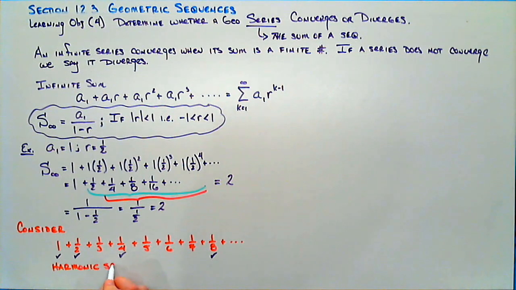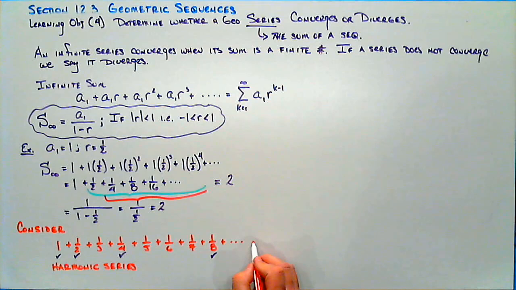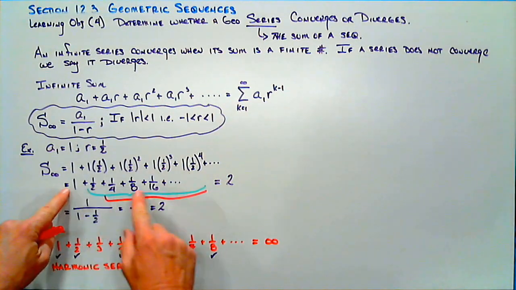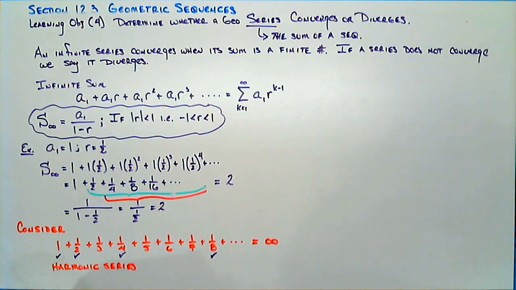We study this in calculus. And I'm not going to prove it to you now, but I'm going to tell you right now, if you add this up, you get infinity. Look at the difference between those two. Sometimes we look at this and we say, okay, well, they're getting smaller, so it adds up to a number. No, that's not what does it. These are all getting smaller, and they add up to infinity.